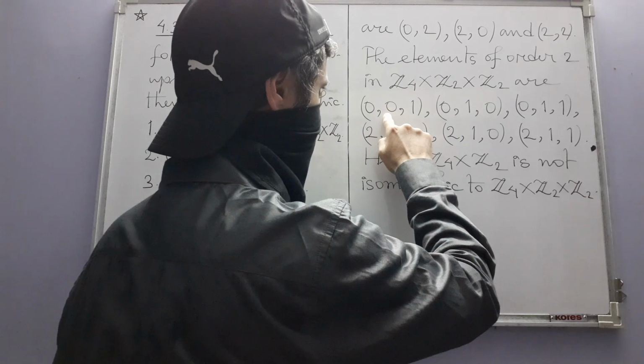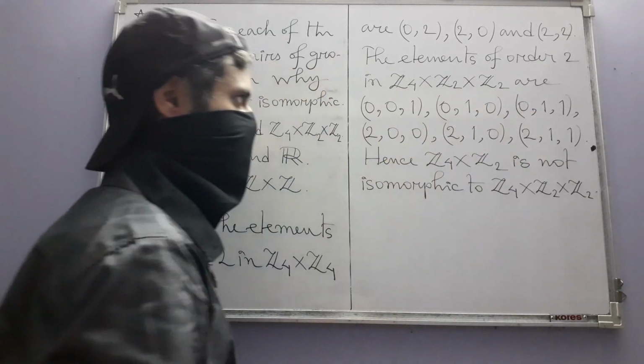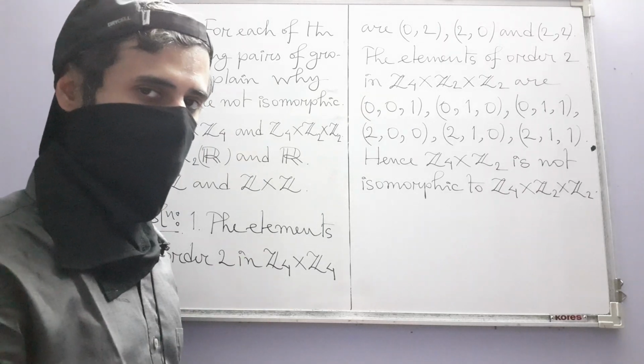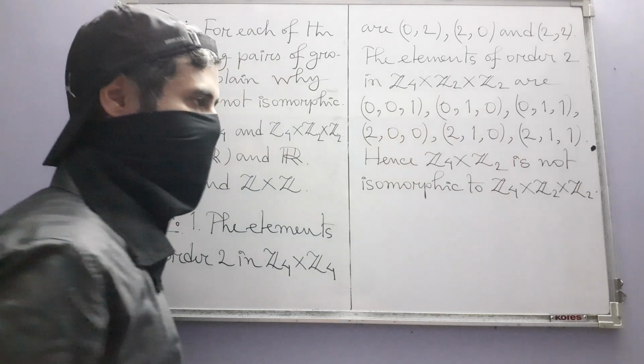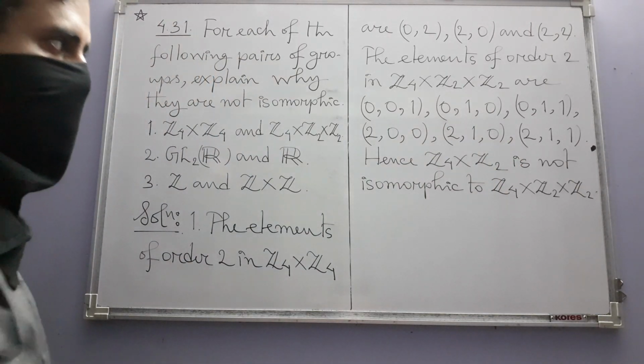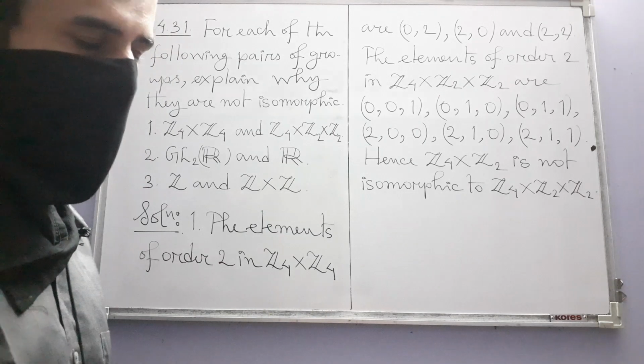Then in the second group, if you have found 4 already, then you know that the numbers cannot be equal, so you can stop here itself. However, I have just simply decided to show all the elements, but there is no need.